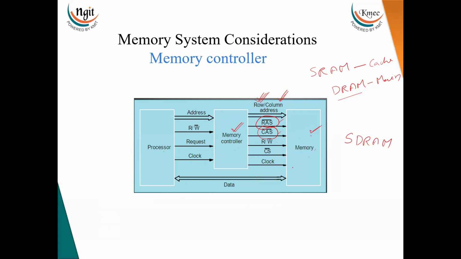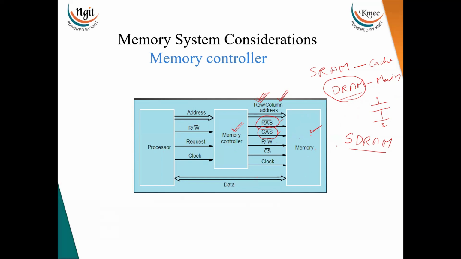Now, if these SDRAMs do not have self-refreshing, because these memories are designed using DRAMs, DRAMs require refreshing. The capacitor should be charged because the capacitor discharges periodically. That's why the capacitor should be charged again, which can be done by the refreshing circuit.